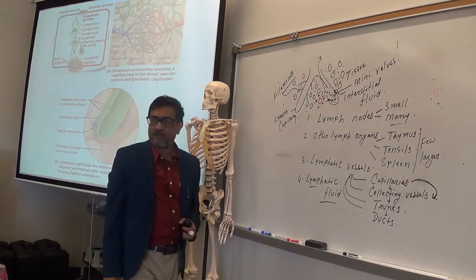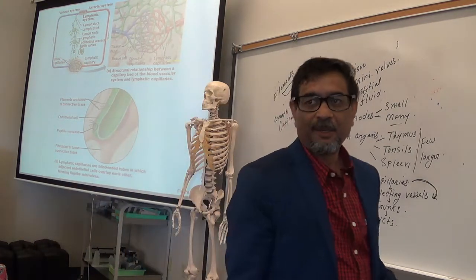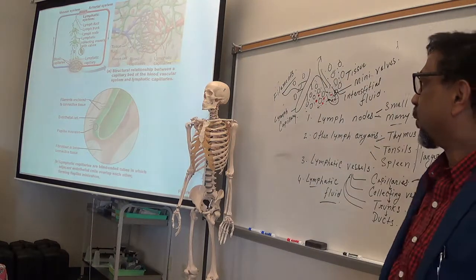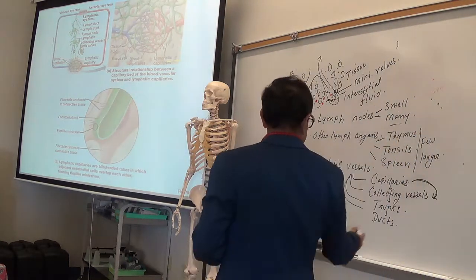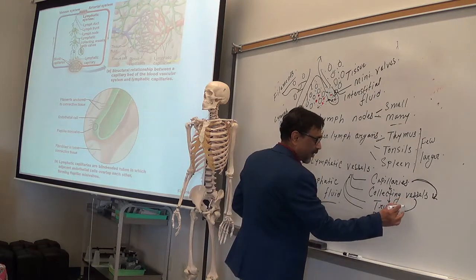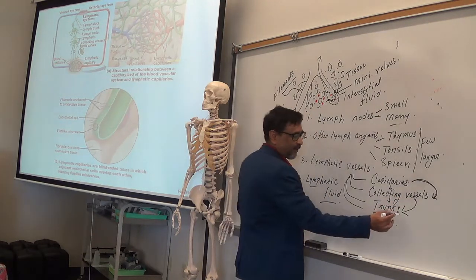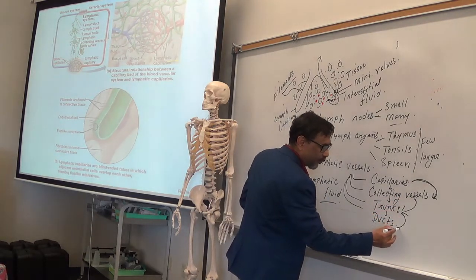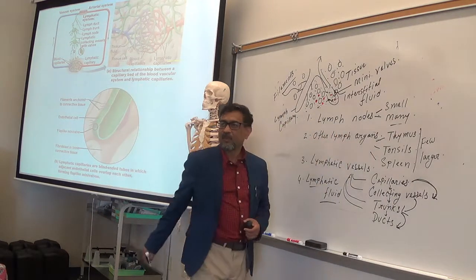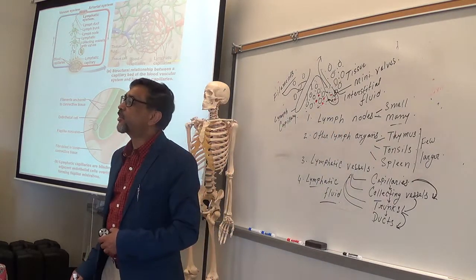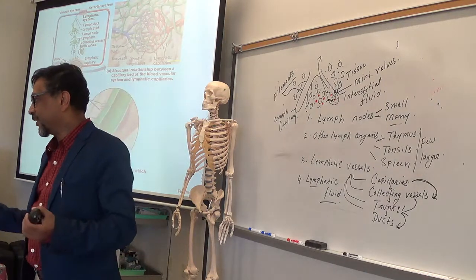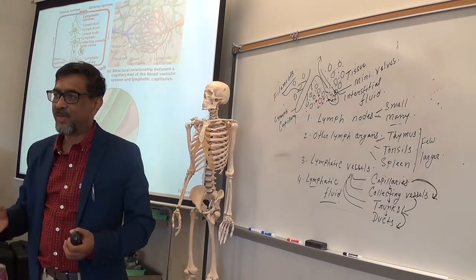You see inside that box, collecting vessels. Then it will pass through the trunks. And finally, the fluid will be given to the ducts. And ducts are the largest lymphatic vessels. Make sense? Because they are the last ones.